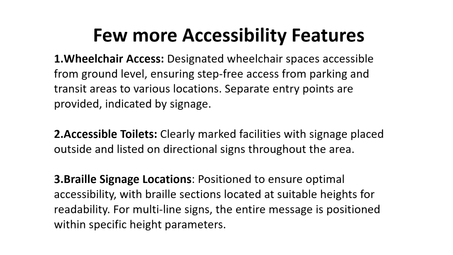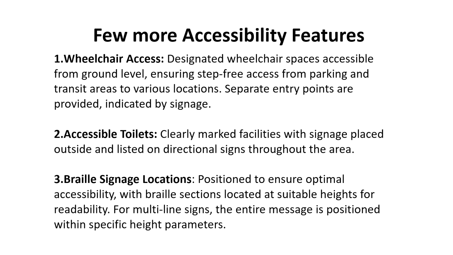Then, using the braille signage, where should we locate the braille signages? The braille signage has to be positioned so that the braille section is optimally located at a height of almost 1350 mm above the finished floor level. For these signages, there has to be multiple lines of text.